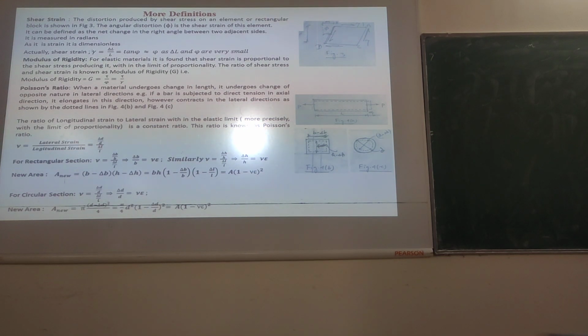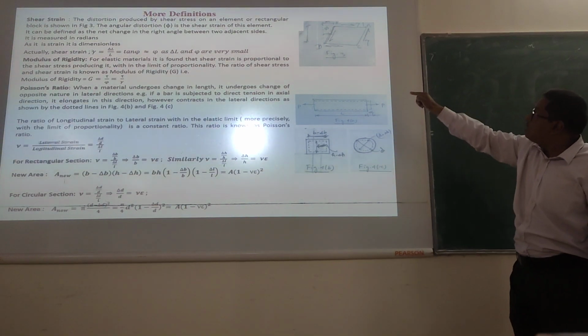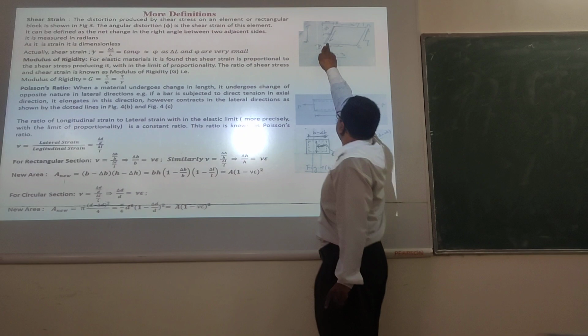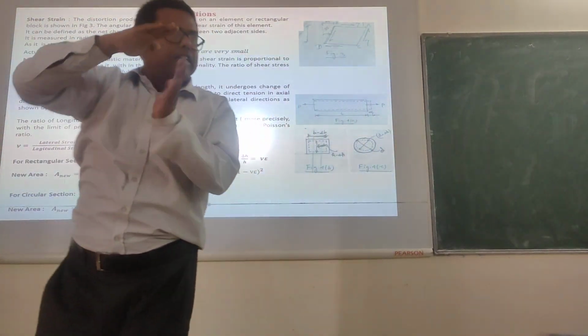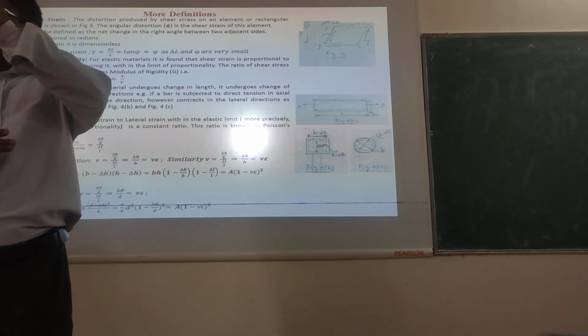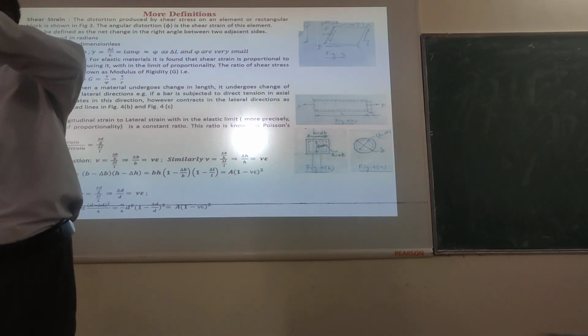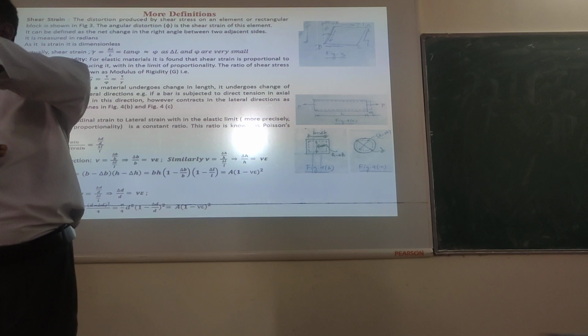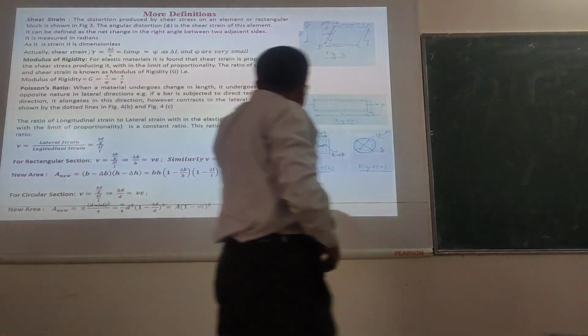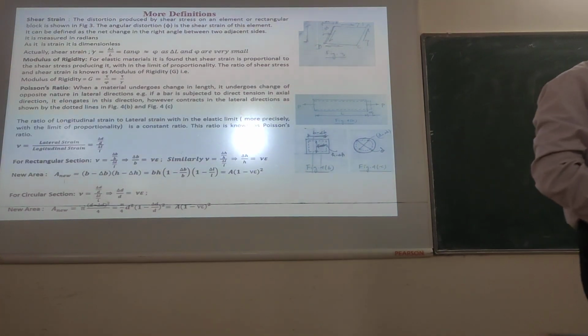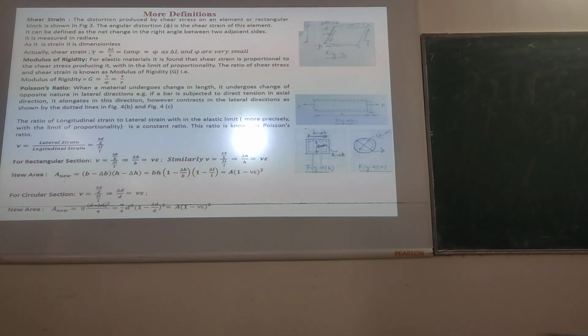Where is the body's original position? This vertical; this was initially vertical. After it is sheared, it changes its original position and sits at some angle. So that is phi. Now this phi angle will be defined as the shear strain.